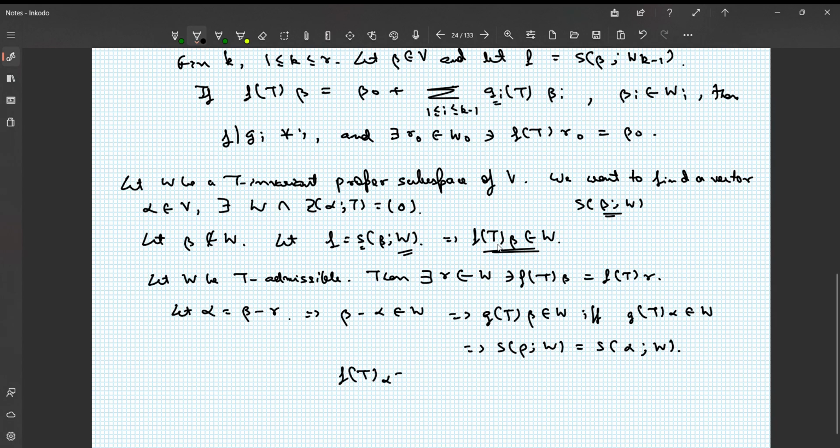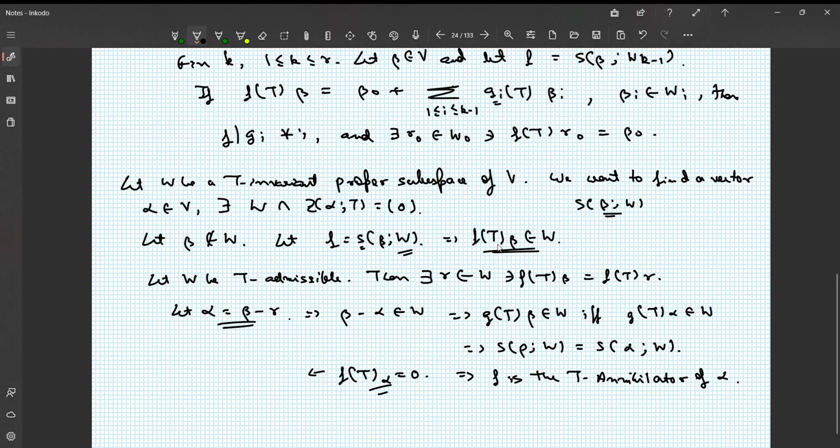But Ft of alpha is 0, right? This is obvious because Ft of beta is equal to Ft of gamma. So Ft of alpha is 0. So if Ft of alpha is 0, then F becomes the T annihilator of alpha. So this implies F is the T annihilator of alpha, because obviously it is the least degree monic polynomial such that this happens.